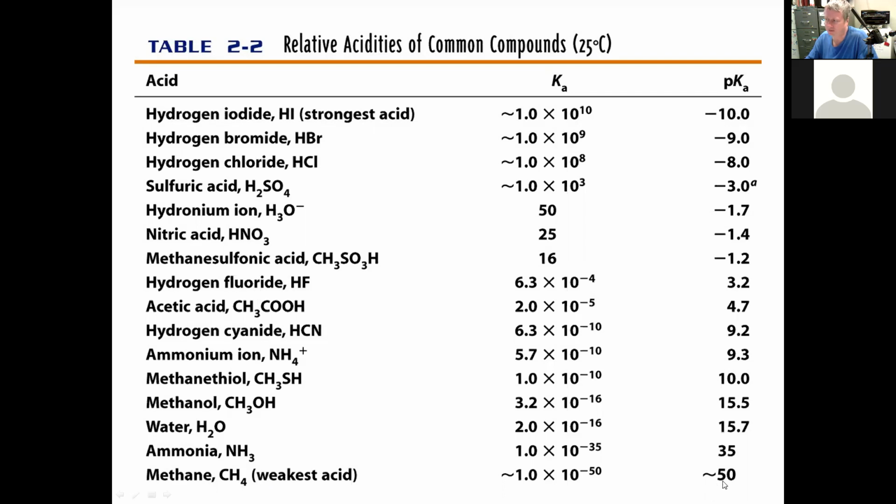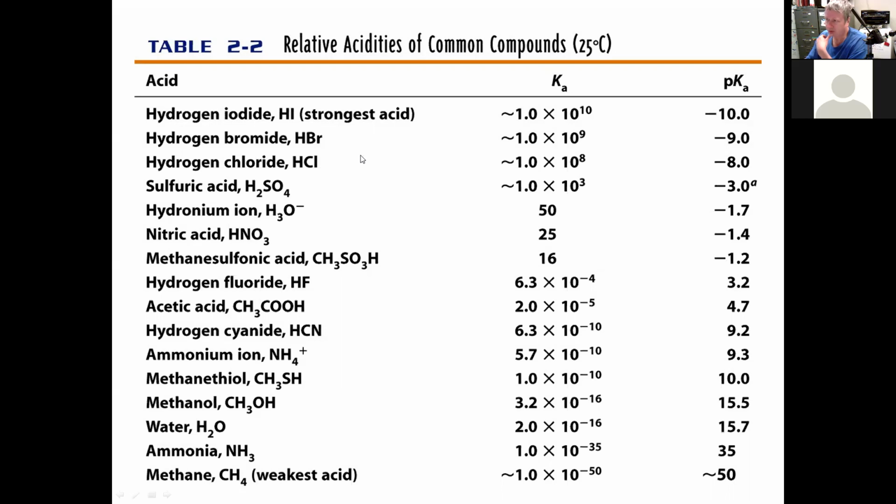Methane has a pKa of 50. You can't have a pH of 50, but the big thing is methane, or alkanes like ethane or propane, are never going to give up their proton. They're so non-acidic that they just don't dissociate.